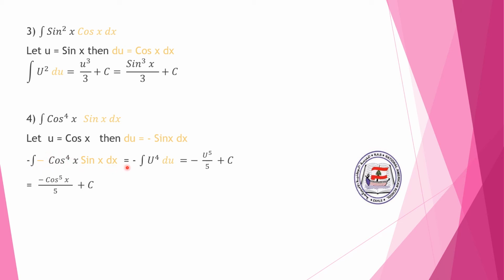So it's equal to minus integral u to the 4 du, equal to minus u to the 5 over 5 plus c. And at the last step, we replace u by the expression. We get minus cosine to the 5 of x over 5 plus c.